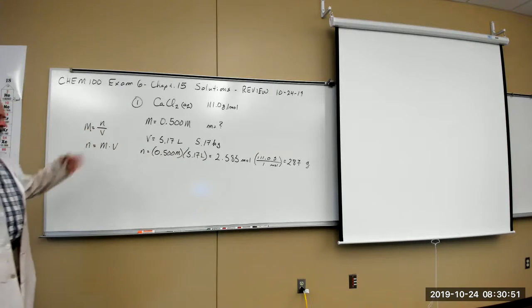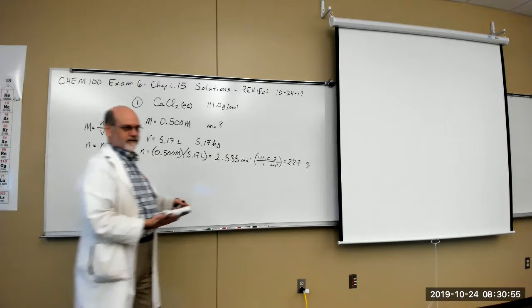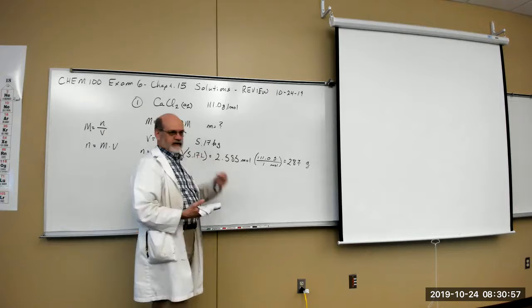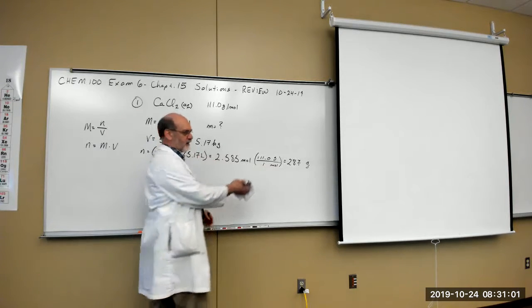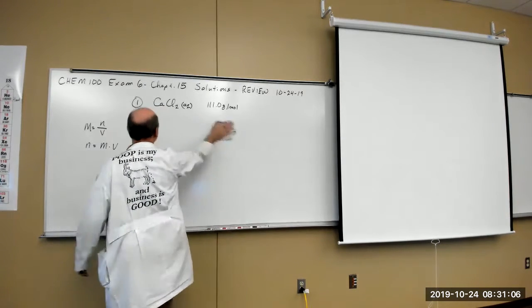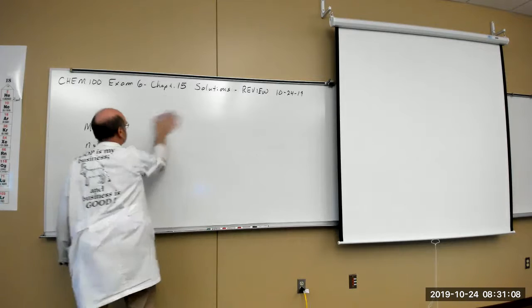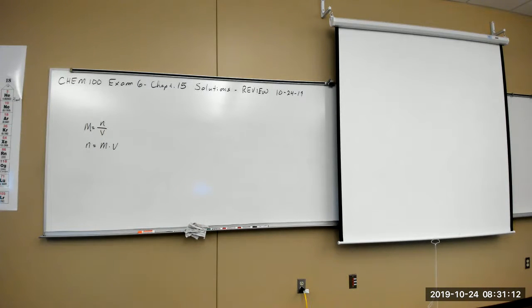But this is a test problem, and lots of exam problems are kind of slightly removed from reality. Any questions on that? I think 2 is a similar type of problem, so we won't have to beat that horse. It just gives you a little extra practice.